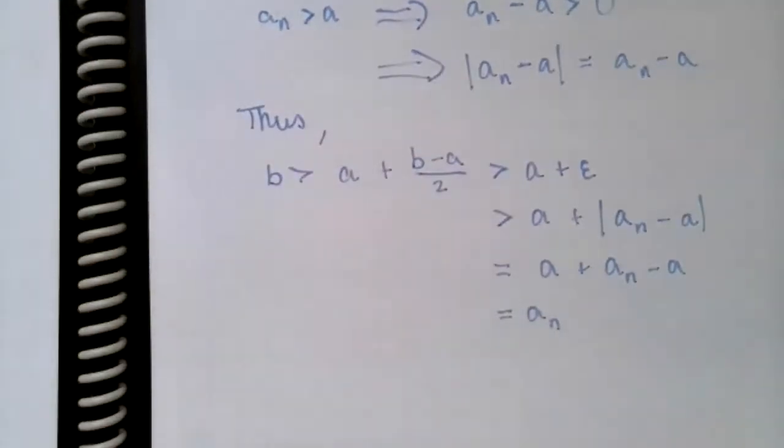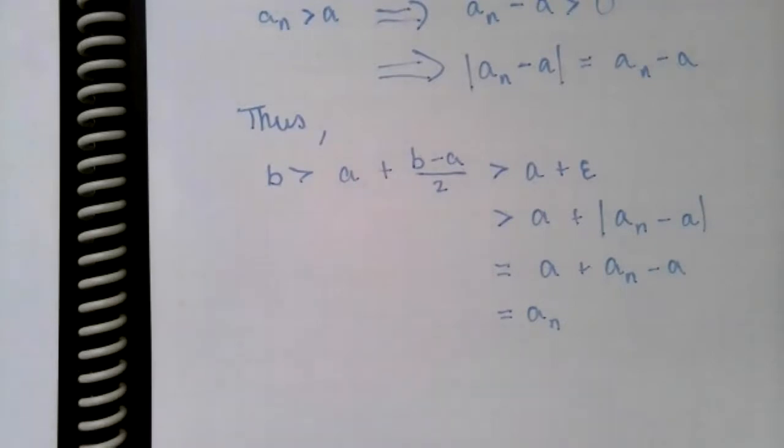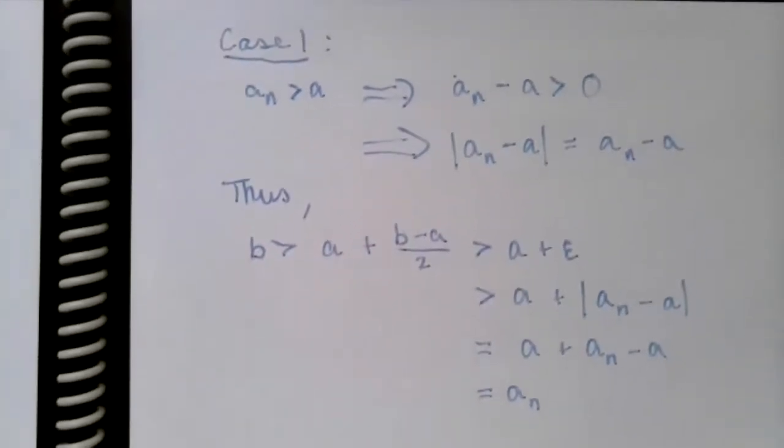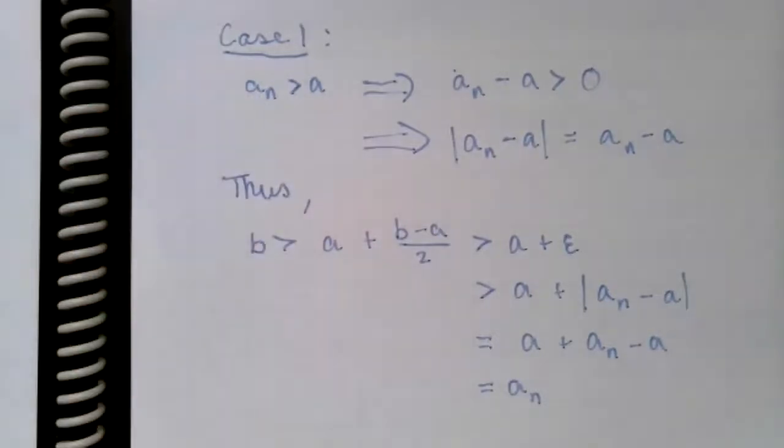Okay, so we have this whole chain of inequalities, getting b greater than a_n. Now this is the case where a_n is greater than a.